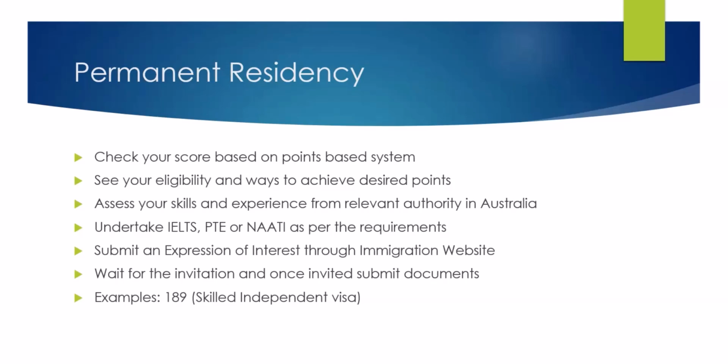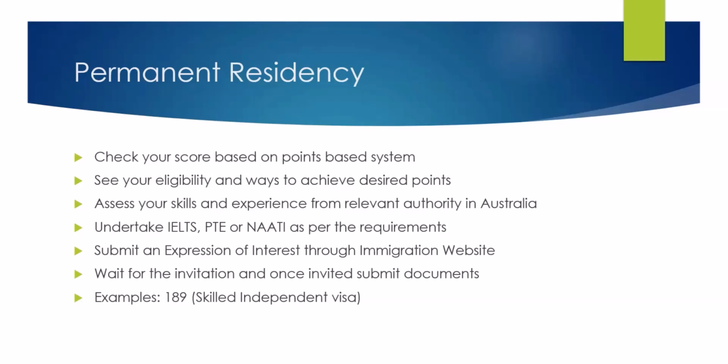Next, we are going to look into the permanent residency. In order to get a permanent residency, you need to check your score based on the points-based system. That calculator is available on the immigration website, which allows you to input all your details, and it will give you a points-based score which can allow you to assess yourself on whether you are eligible to apply for permanent residency.